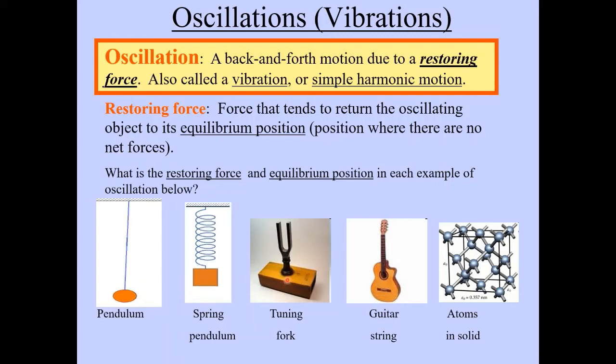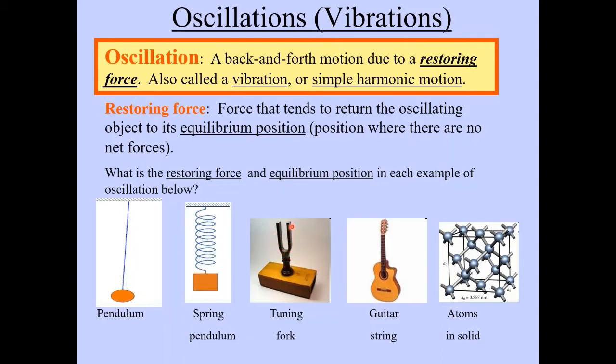A tuning fork, I don't have one right with me here, but you may have seen these. Musicians can use them. You basically hit the tuning fork with a mallet, and it vibrates, and it makes sound. And in this case, the restoring force is the elastic tension in the metal here.